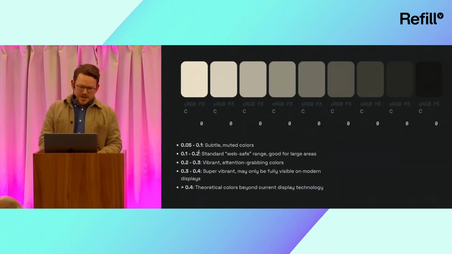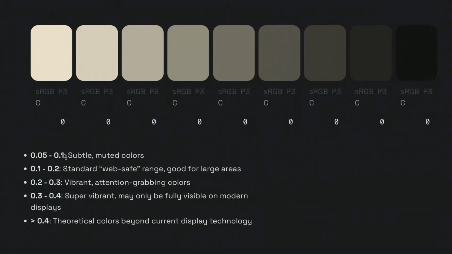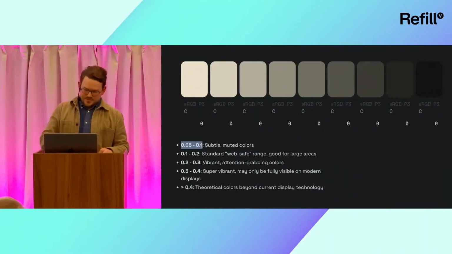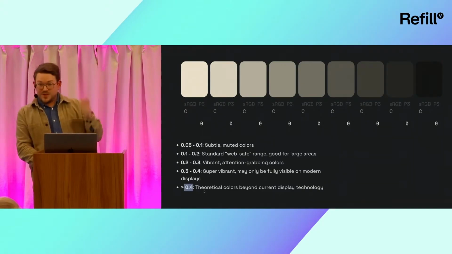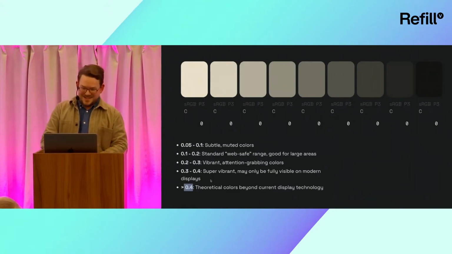And you can see from my little practical guide here that it's not a lot to a little gives a lot. And while it's theoretically possible to go beyond 0.4, we don't have the technology. Anyway, let's add some chroma.